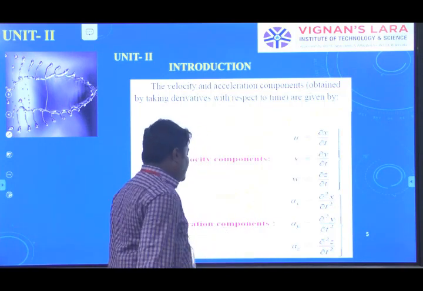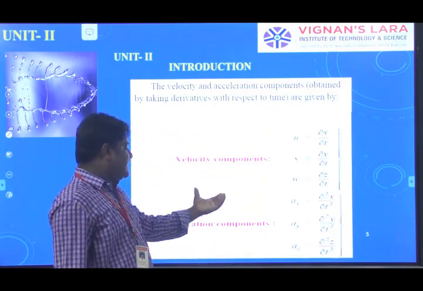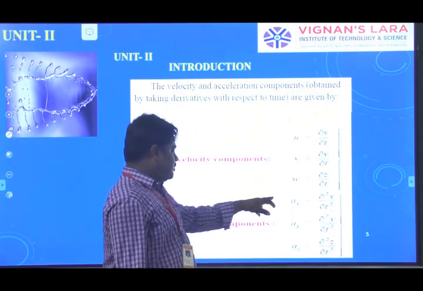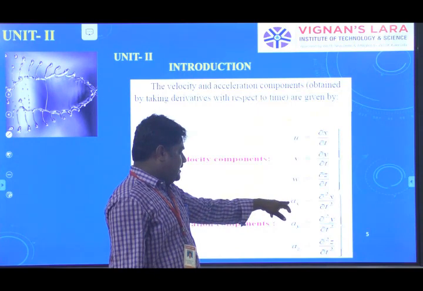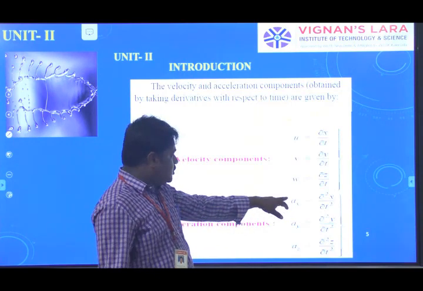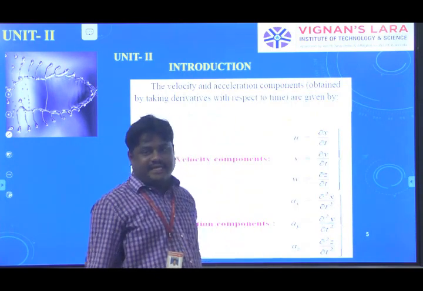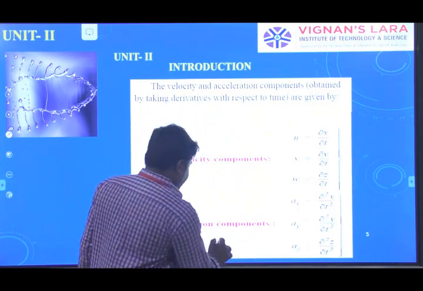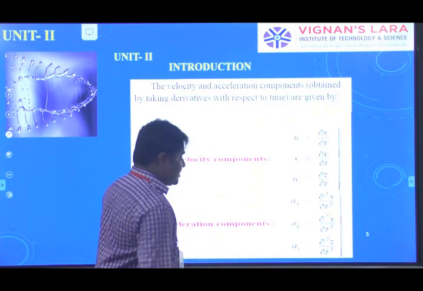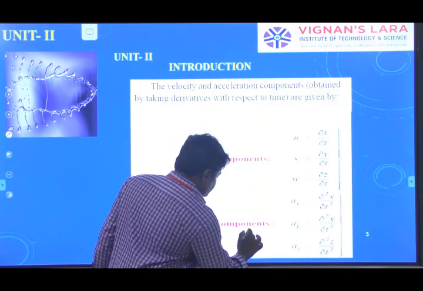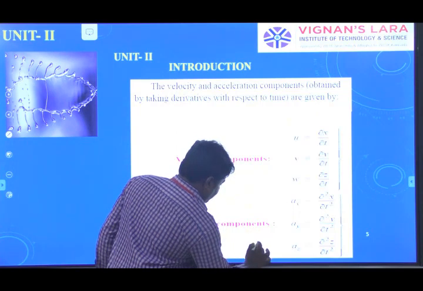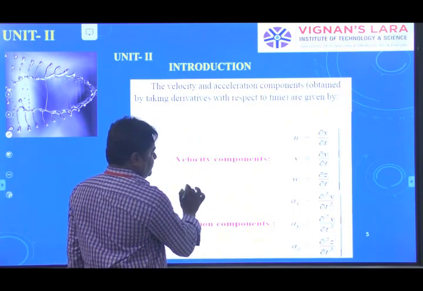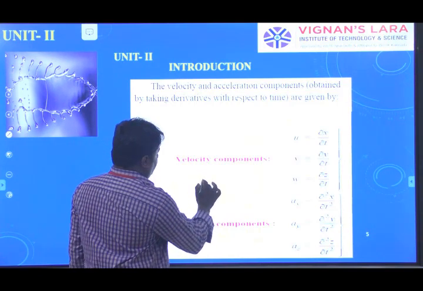Here we are writing the acceleration component in the x direction, so dou square x by dou t square, where t is constant. Then coming to the y direction, that is ay, equal to dou square y by dou t square. Similarly the az component, az equal to dou square z by dou t square.